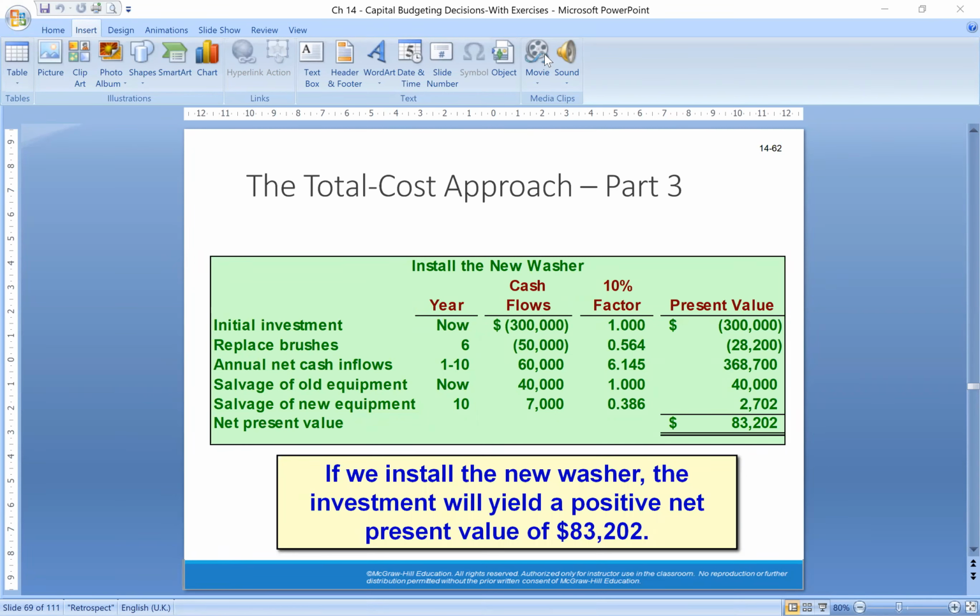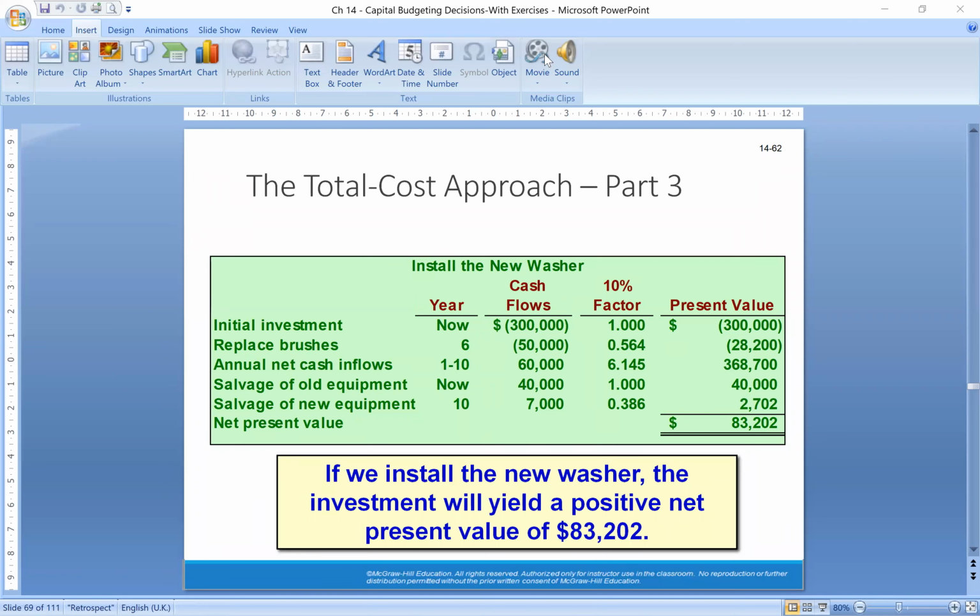So the year is now: 40,000 multiplied by 1. Salvage value of the new equipment will be sold after 10 years. So at the end of the 10 years, 7,000 multiplied by a factor from table 1. So this equals 2,702.